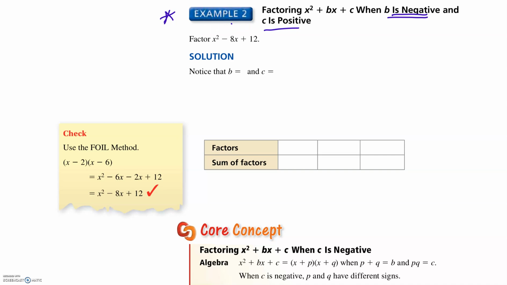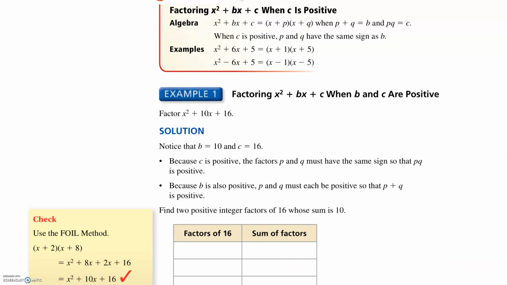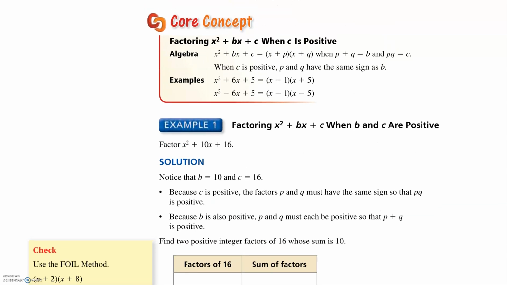Well, remember what we said back here on the previous page. If c is positive, p and q have to have the same sign when we factor that trinomial as x plus p times x plus q.